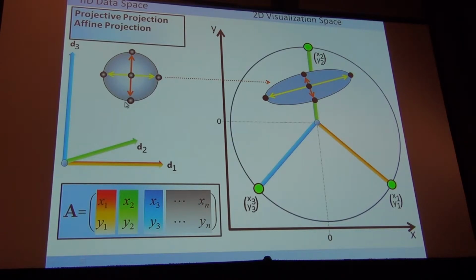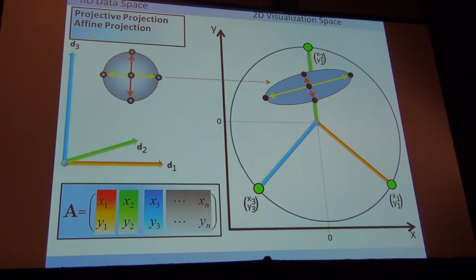And unfortunately, the opposite is also true. 2 points in the data space might be far away from each other in the visualization space. Consequently, a distortion occurs, meaning that a hypersphere is mapped onto an ellipse in the visualization space.